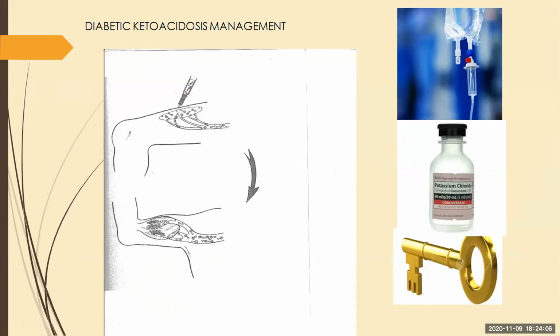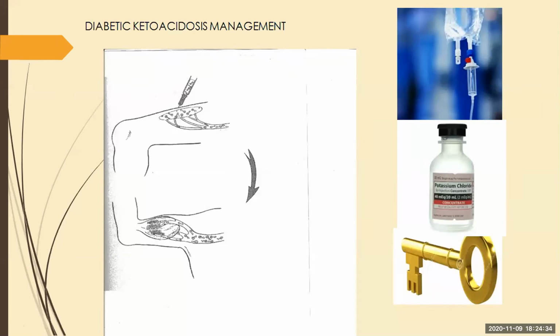This is explaining DKA management. I would need another 3 hours to explain how we manage small babies with DKA, so I don't think I can dwell on it at this time. The only thing you have to know at this level is that the insulin is given every hour, and you have to check the blood sugar every hour.